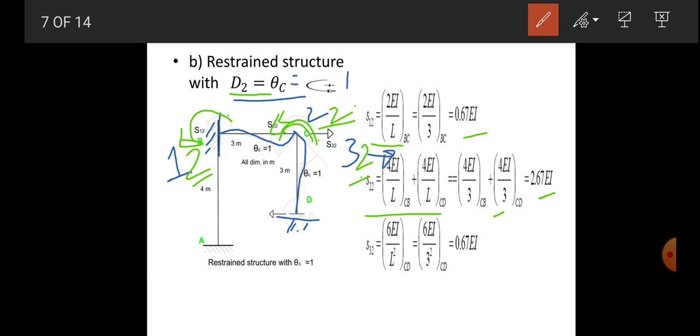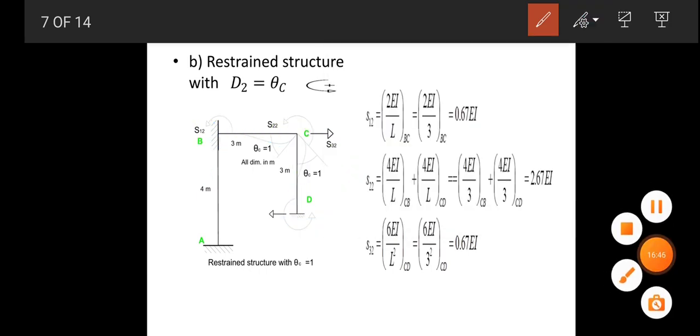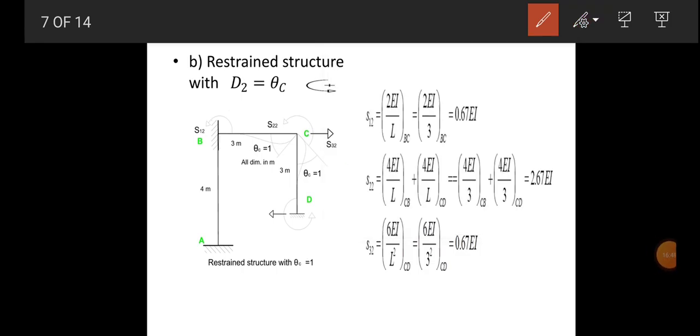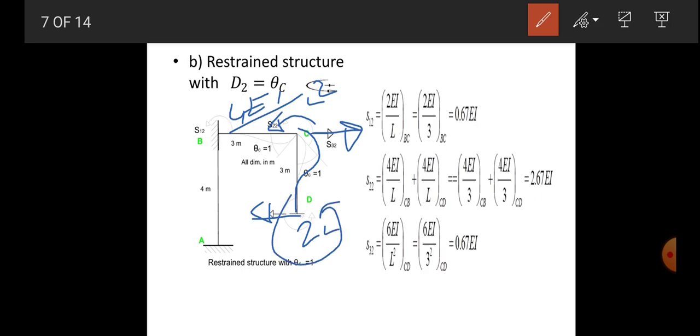Now when we are applying a rotation here, we know that there is a reaction on the column, and these are the reactions. So this moment is 4EI by L, and here is half, 2EI by L. If this length is L, this reaction is always 6.